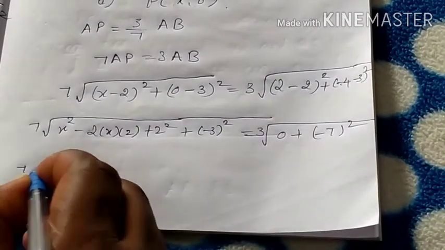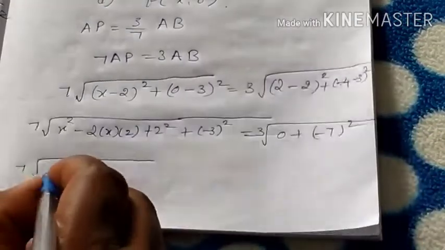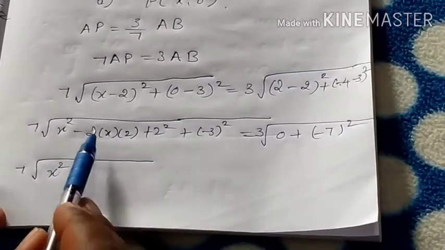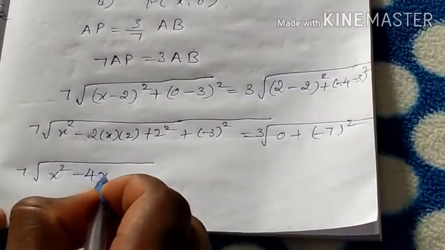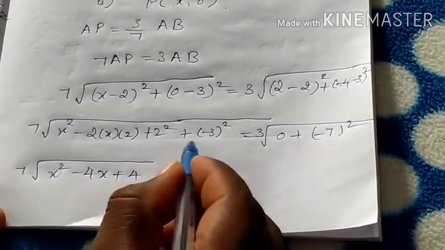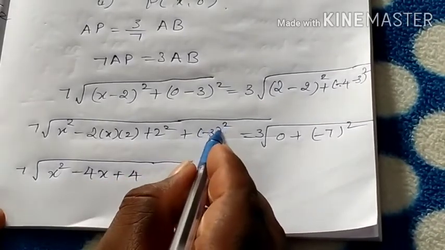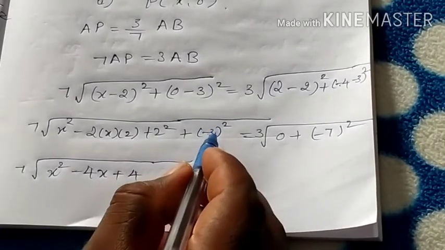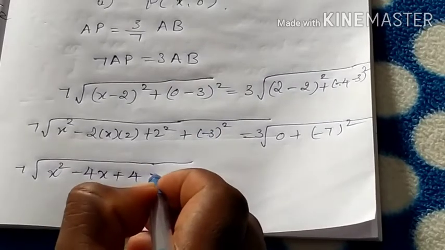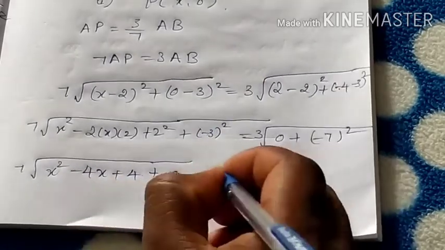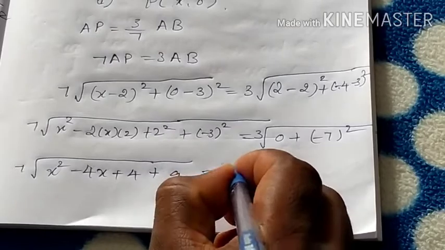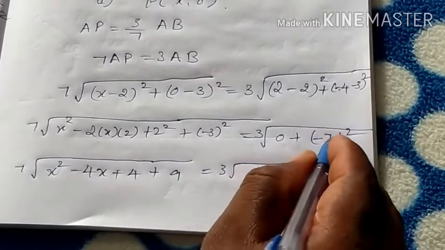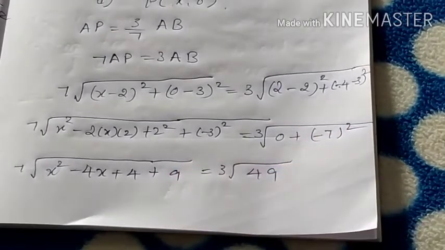Then 7 into square root of x squared, 2 twos are 4, minus 4x plus 2 squared is 4, then minus power even number is plus, so plus 3 squared is 9, equal to 3 into square root of, minus power even number is plus, so 7 squared is 49.